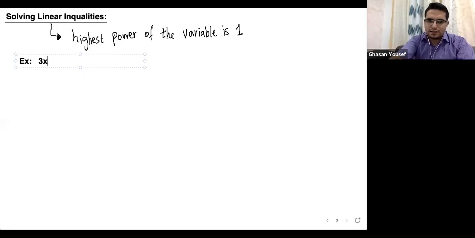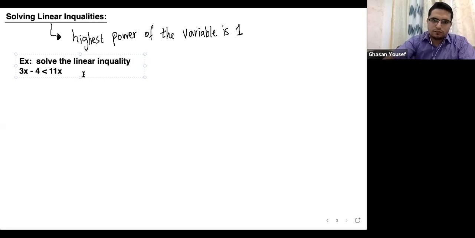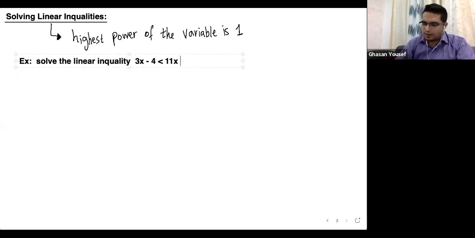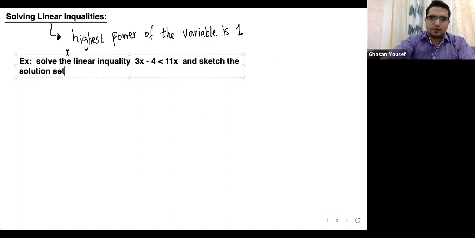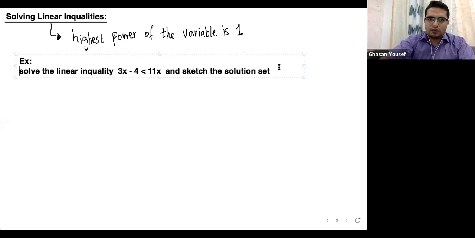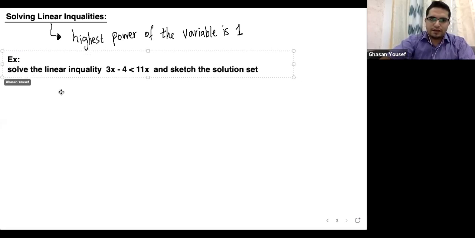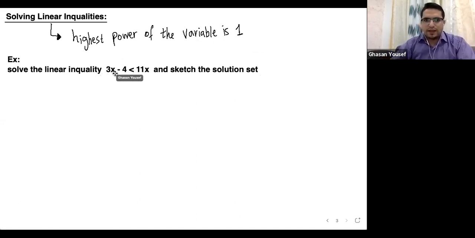If I have, for example, 3x minus 4 less than 11x, the question is: solve the linear inequality 3x minus 4 less than 11x, and after you solve it, sketch the solution set.